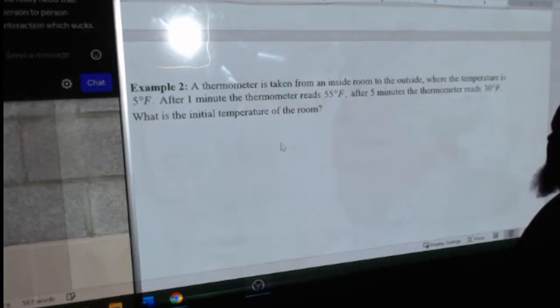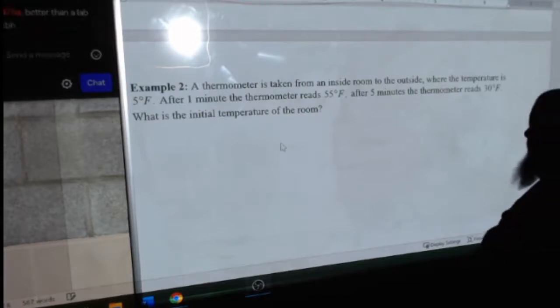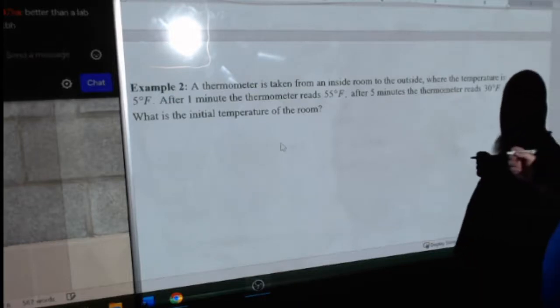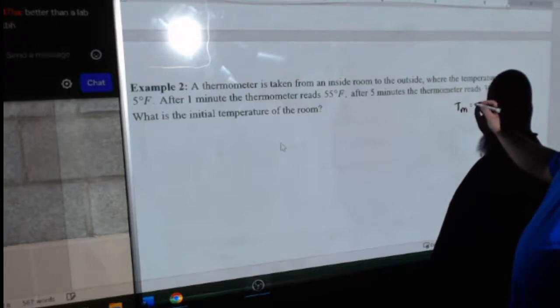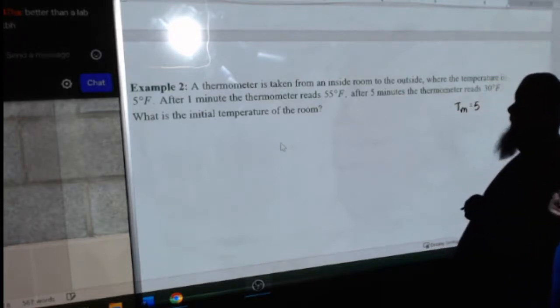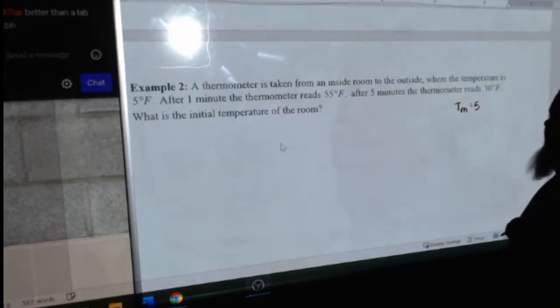All right. So this is a problem. It says a thermometer is taken from inside a room to the outside, and outside the temperature is 5 degrees. So that's telling us that T sub m is 5. After 1 minute, the thermometer reads 55.